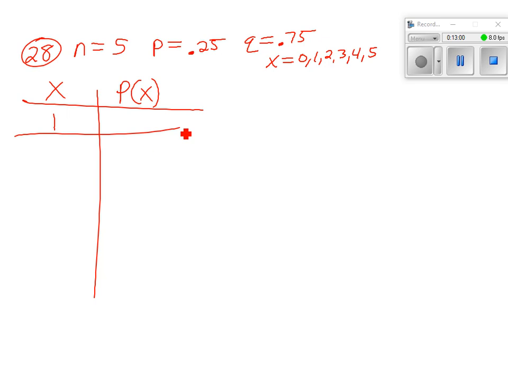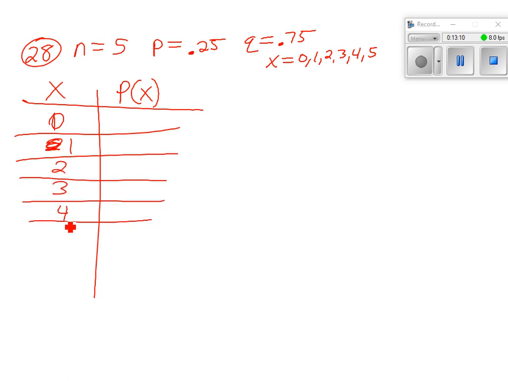Our X's: 0, 1, 2, 3, 4, 5. Then we just have to find the probability for each. Easiest way, can we use the chart on this one? If we use the chart, because they're all listed right there for us. If you can't use the chart, then in your calculator you're going to punch in binomial.